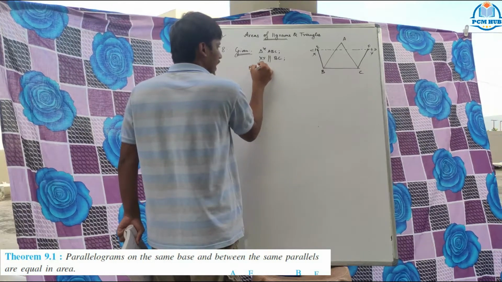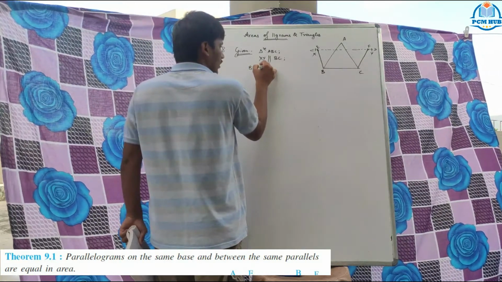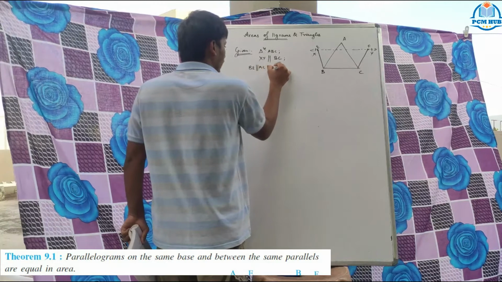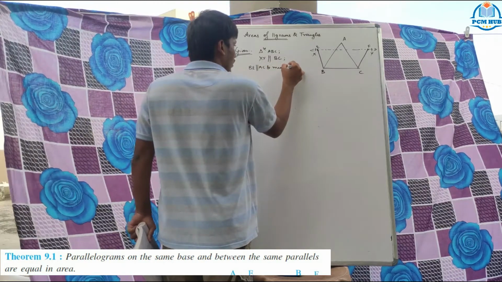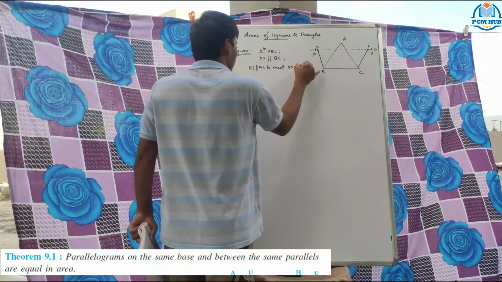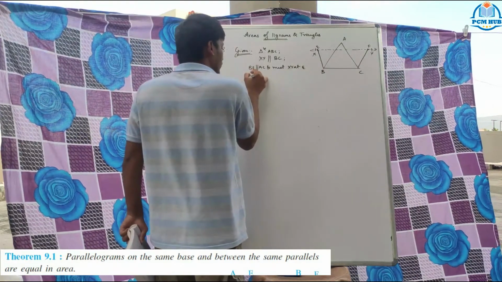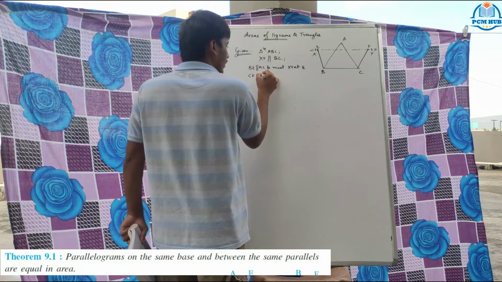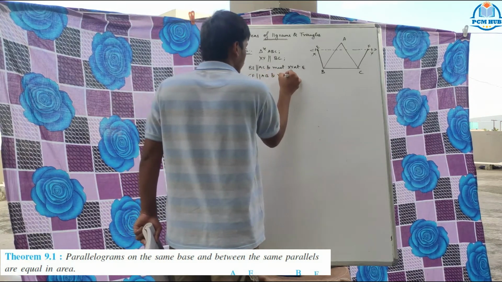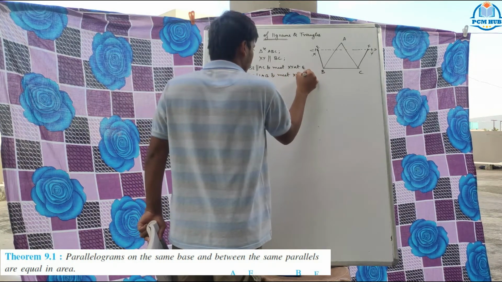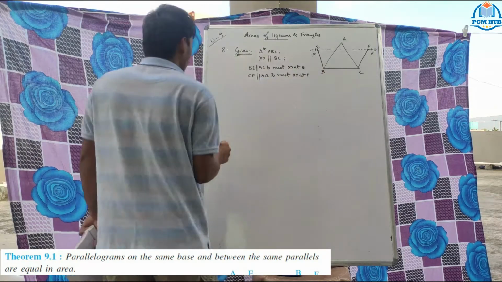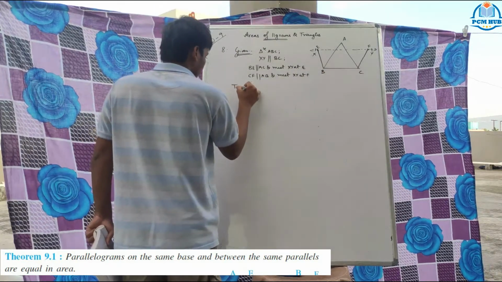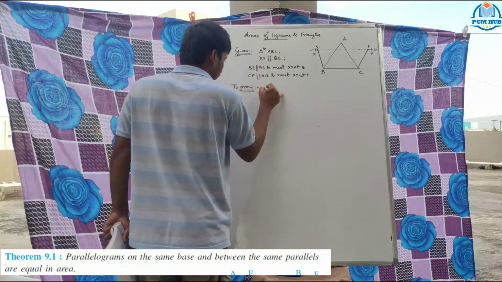BE is parallel to AC and meets XY at E. CF parallel to AB and meets XY at F respectively. This is the given.